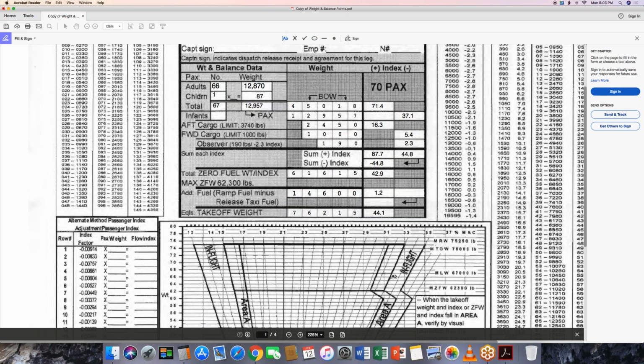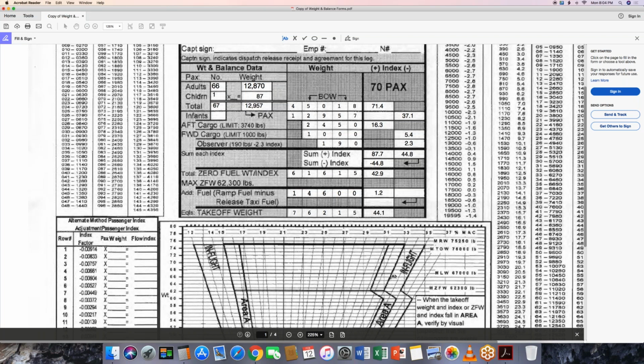Okay. So can I tell you what I did real quick? Yep. Every number that we've been going through is completely different on every box on mine, because I kicked off 7 passengers and redid all this math. If you kick off 7 passengers, you get rid of 1,000-odd pounds.